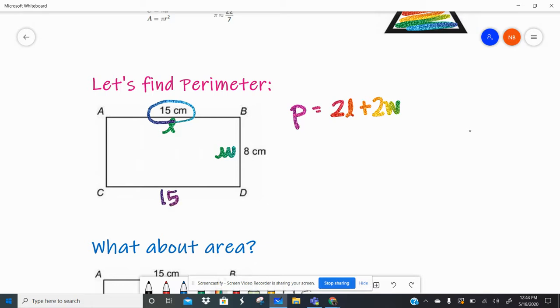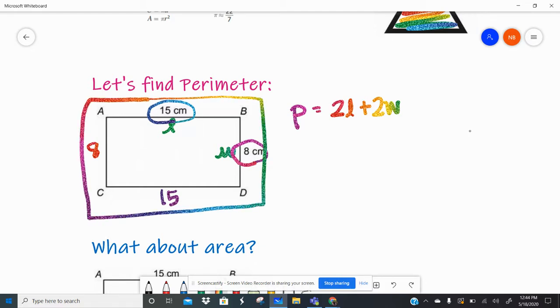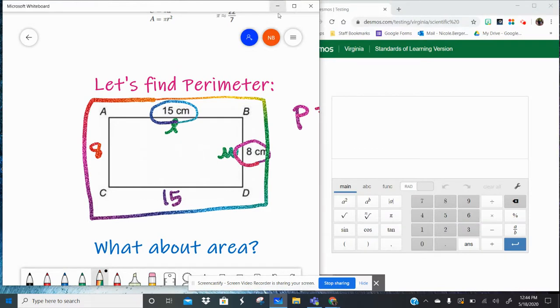Because opposite sides are congruent. And if this side is 8, then this side is 8. So an easy way to find perimeter, you just add. So you would do 15 plus 8 plus 15 plus 8, and we would make it all the way around. But let's actually use the formula 2L plus 2W.